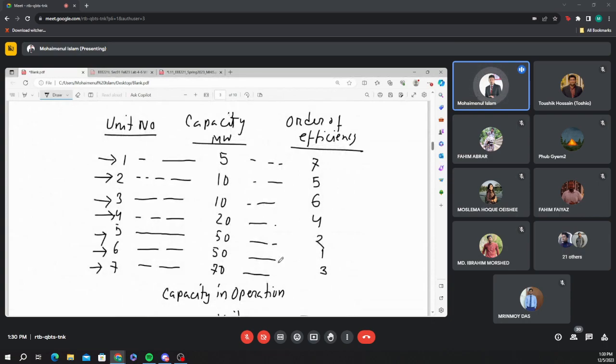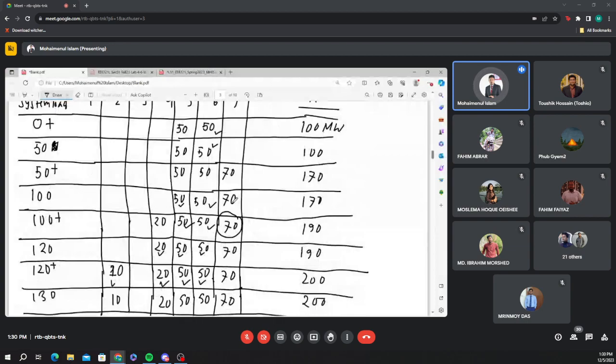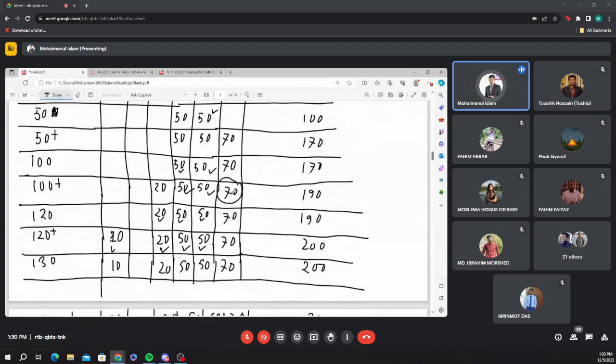Keep in mind that the value you take for protection demand, from that point your load demand is changing. Here 100 plus, you can ask me, sir, the next value should be 170. No, we are considering the next generator to sum the load, as we consider 70 is our maximum protection demand.